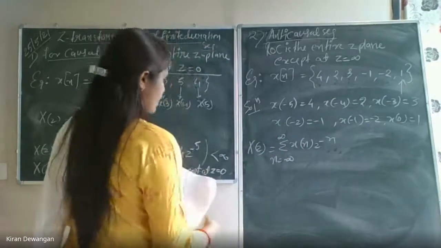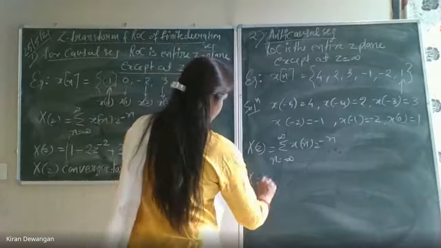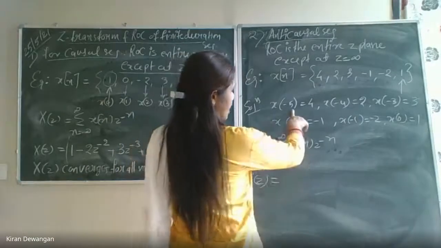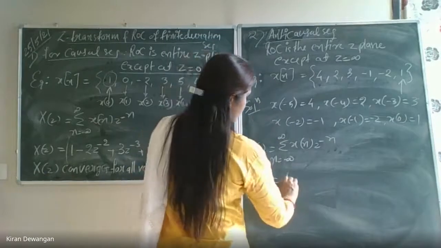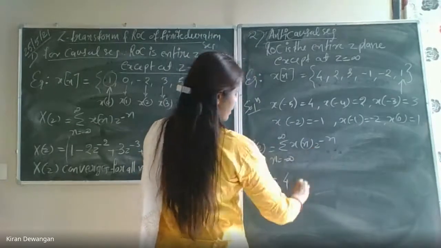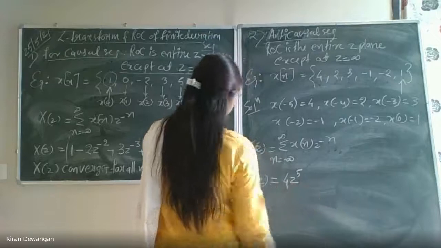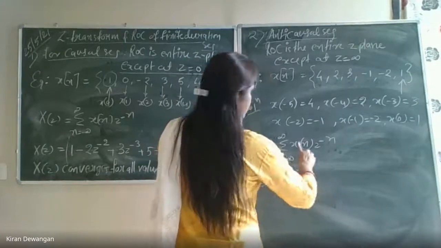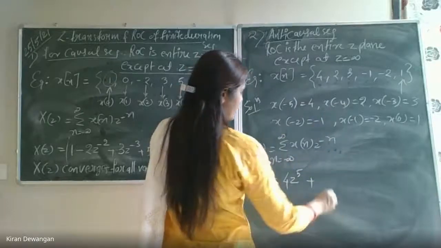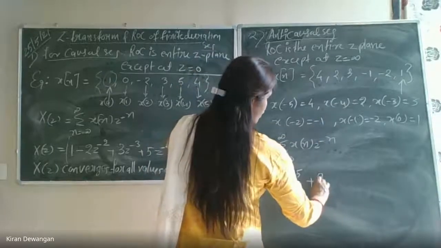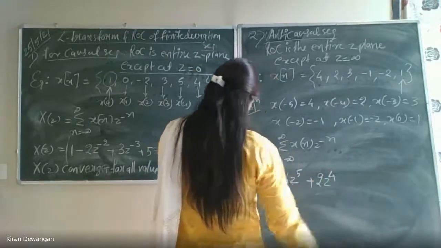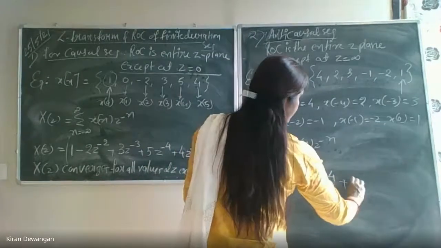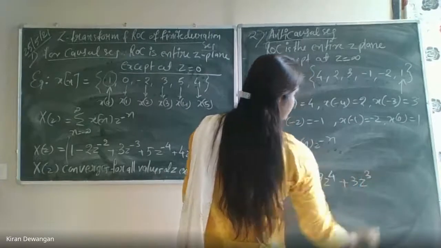ठीक है, तो here X of z will be क्या हो जाएगा, this is x to the power -5, it starts with -5, तो ये हो जाएगा 4 z to the power 5, ठीक है, plus x to the power -4, यहाँ पर x to the power -4 है, 2 z to the power 4, plus that is 3 z to the power 3.